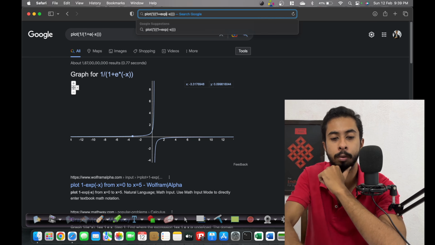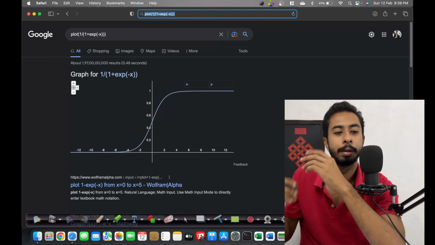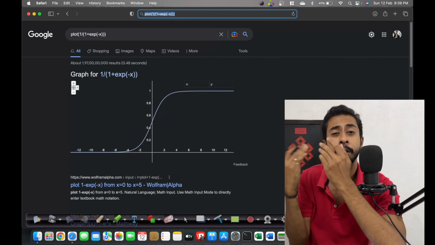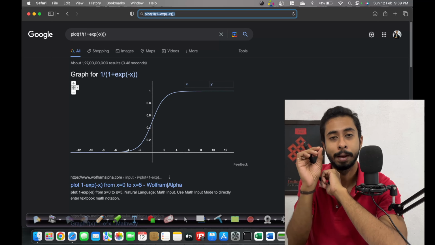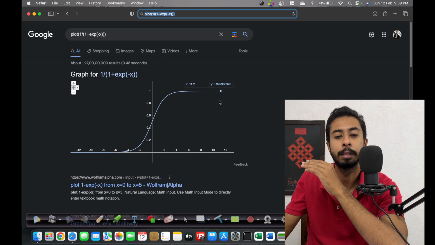Well, I think it will be exp of, yeah. Now see what it actually is, a sigmoid function given some x. If we take the sigmoid of x, the function is like this, okay?